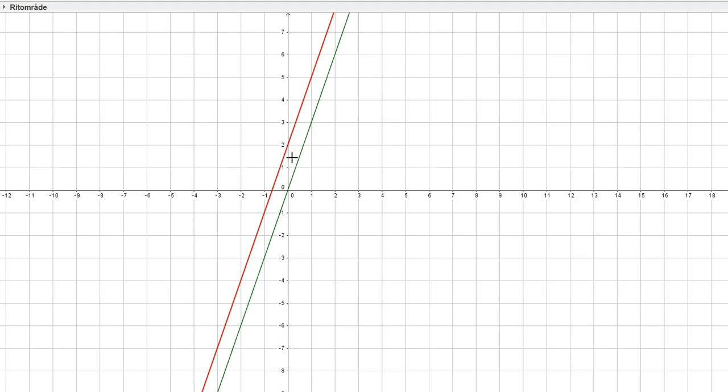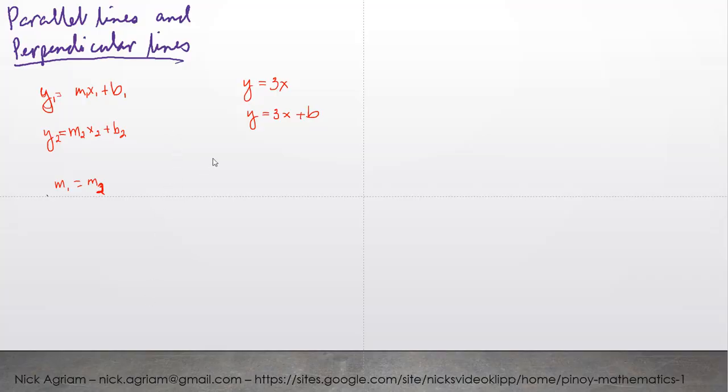As you can see, the green one and the red one are parallel with each other. And if I have 3x minus 4, the slope is the most important there. So it's good to know that when we're talking about parallel lines, their slopes are the same.